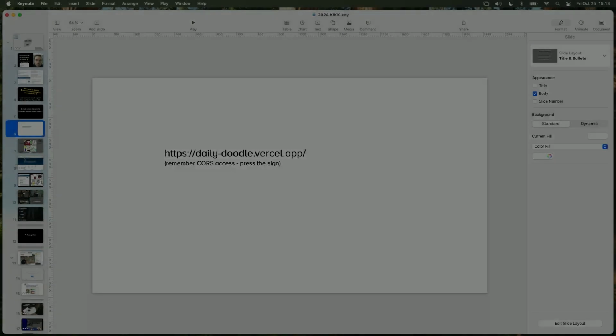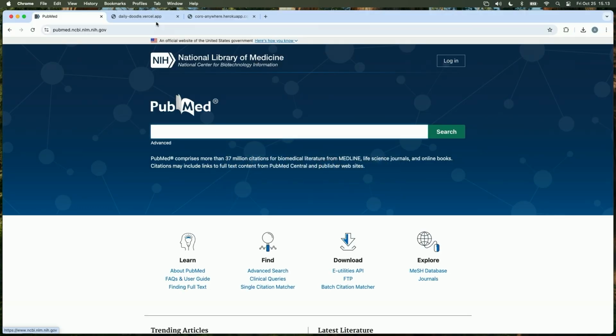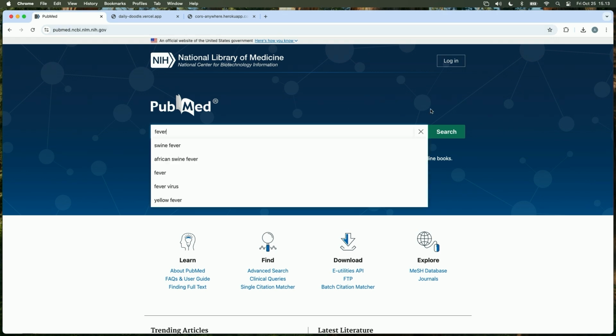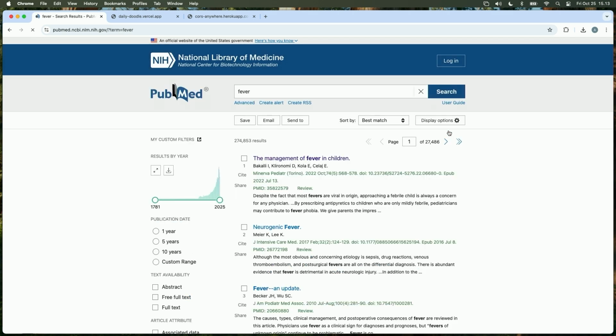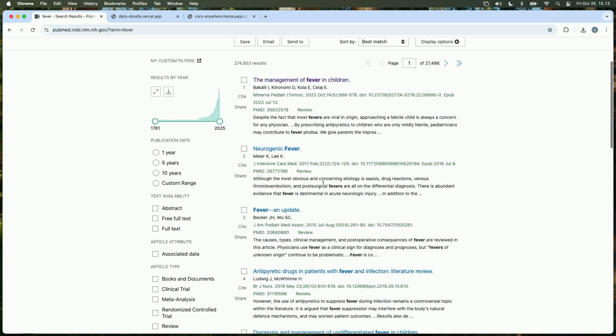I think we should just try it now. The idea is that you can take any scientific paper from this website called PubMed, and I'm just going to search for fever here, not swine fever. And then we'll take, I don't know, fever and update. Okay, I only tried it with this one.